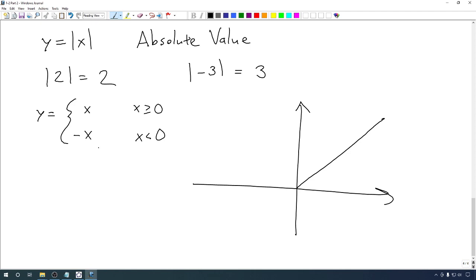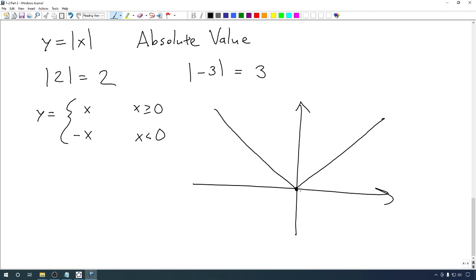On the other side of the y-axis, we're using y equals negative x. That is still a linear equation. It's still a line, but it's a different line. In fact, it's the line that comes in this direction. And so we actually get this V shape. And it's our first example of one that's not perfectly smooth. We have a very sharp corner here at the origin.